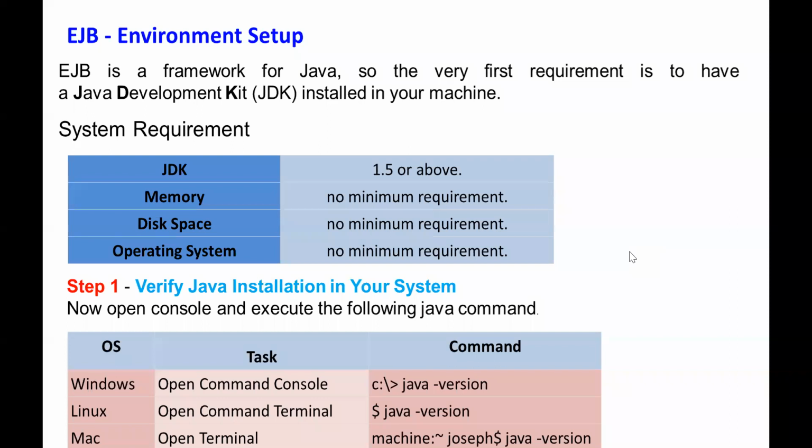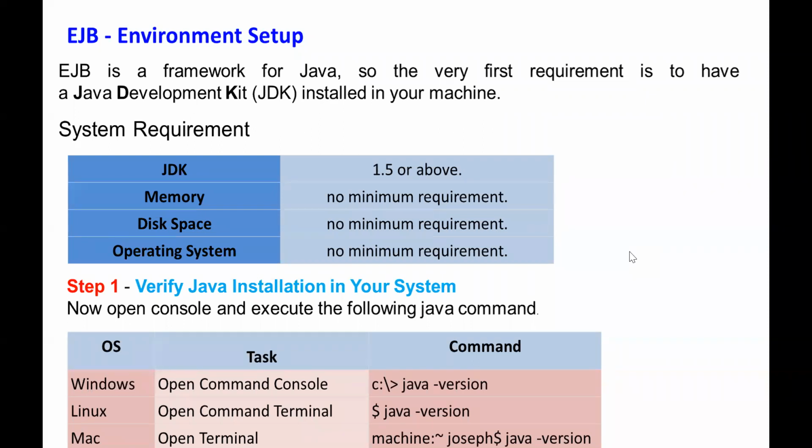After this class, I will send this PPT in our Google Classroom, so you can easily understand how to set up the EJB environment in your system. So we can go through the steps.